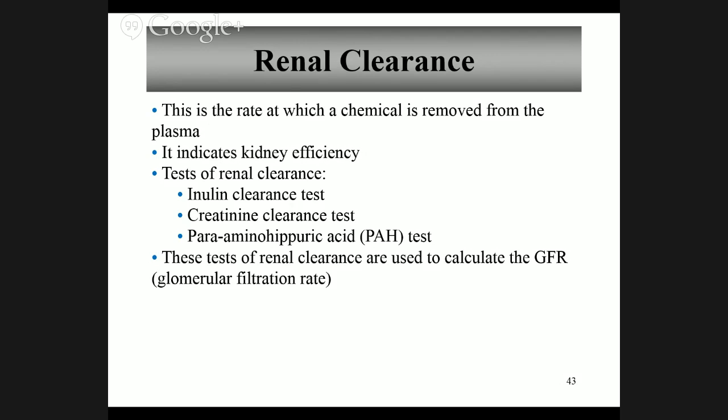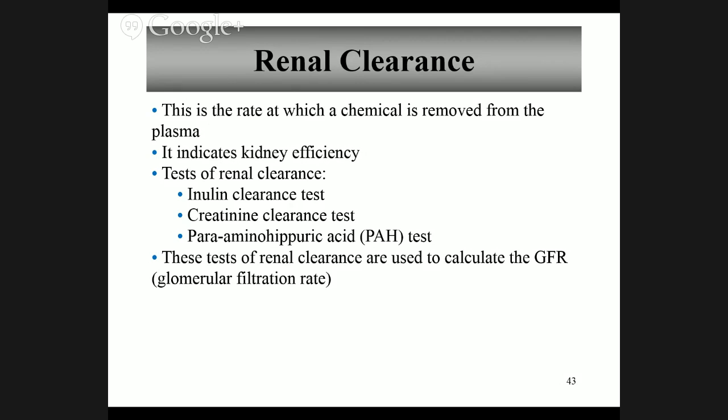With the creatinine clearance test, creatinine is produced at a constant rate during muscle metabolism. And like inulin, it's filtered but neither reabsorbed nor secreted by the kidneys. So you compare the patient's blood and urine creatinine concentrations to calculate the GFR. One of the advantages of this test is the bloodstream normally has a constant level of creatinine.